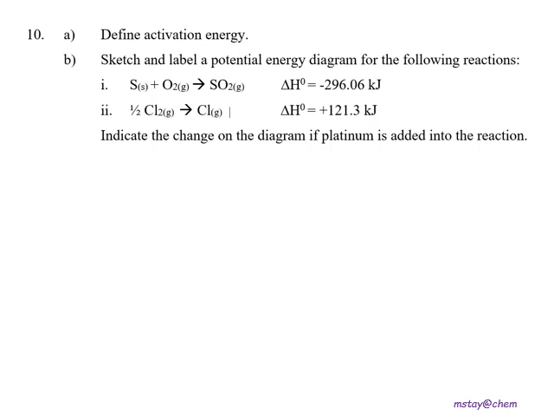Now this is tutorial question number 10. A, define the activation energy. Basically, the keyword is that activation energy refers to the minimum energy required to initiate a chemical reaction.